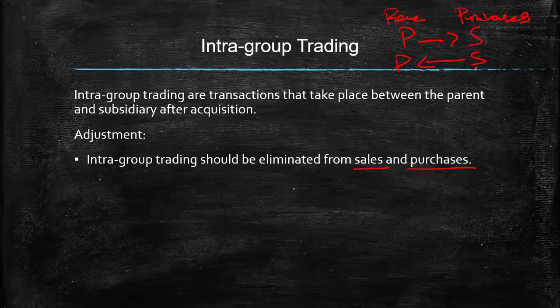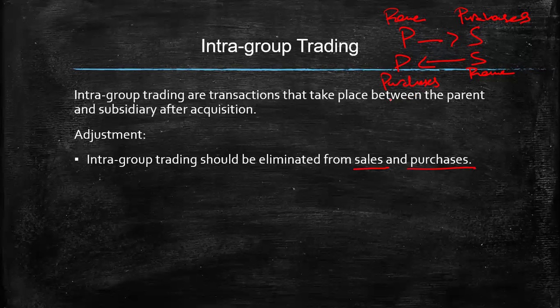Similarly, if subsidiary is selling goods to the parent, then in the revenue amount of the subsidiary, you will have this amount of transaction that has taken place, the value of goods that have been sold to parent. And in parent's purchases amount, you will have the same value of goods recorded, the same purchases expense recorded.